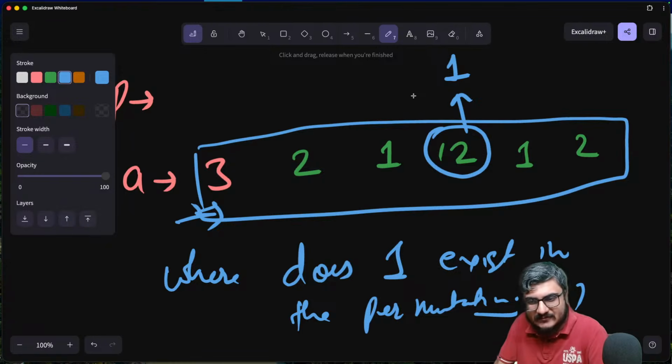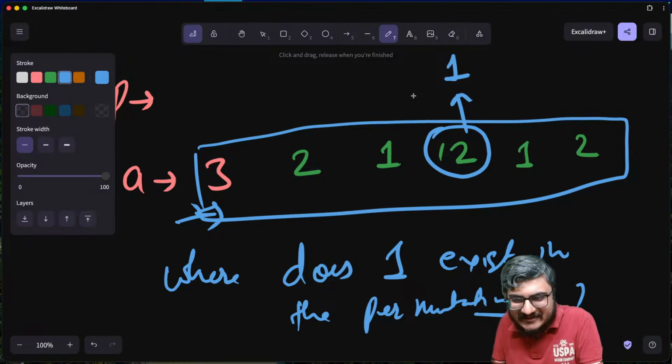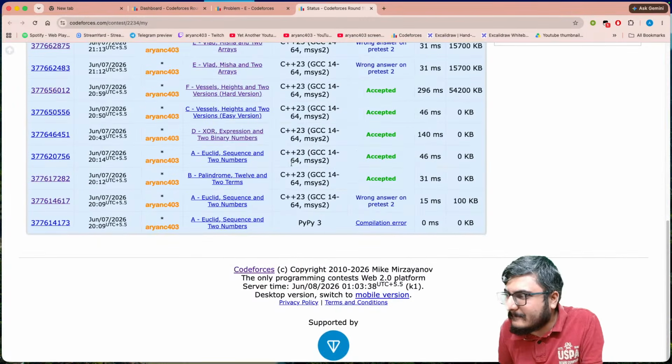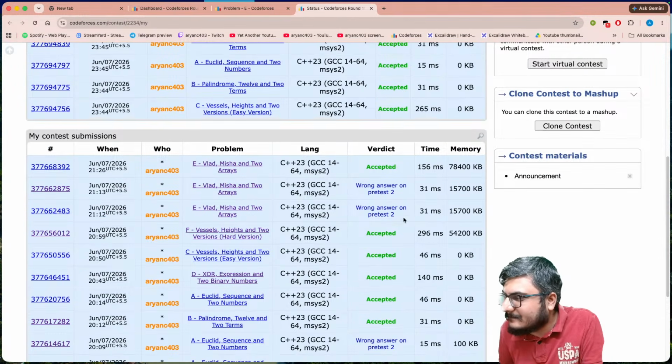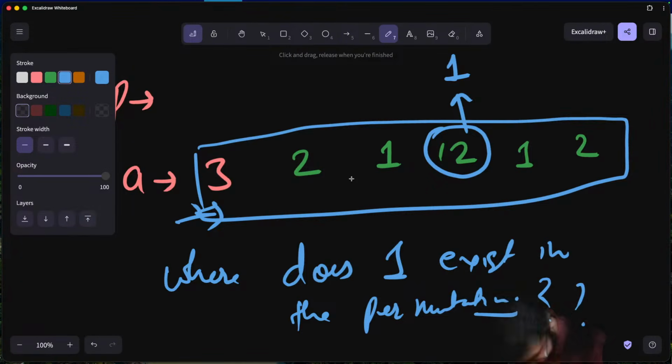That's not correct, but for the sake of simplicity, let's assume this for now. This assumption gave me quite a good number of wrong submissions. So this assumption is not true, but for now, let's assume it is correct.